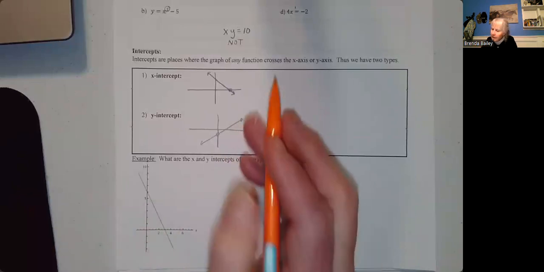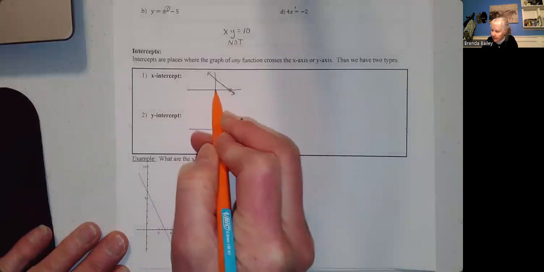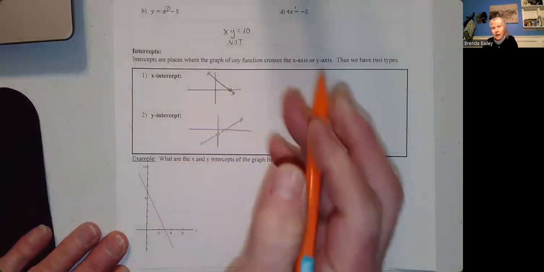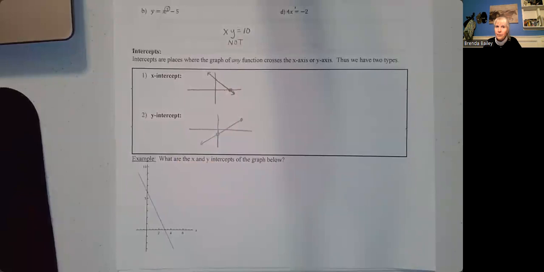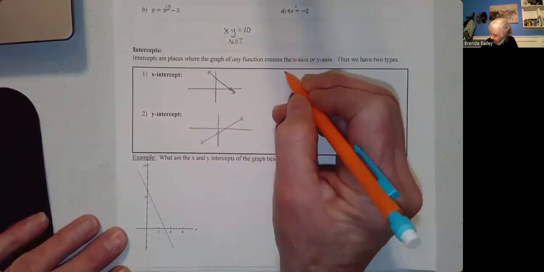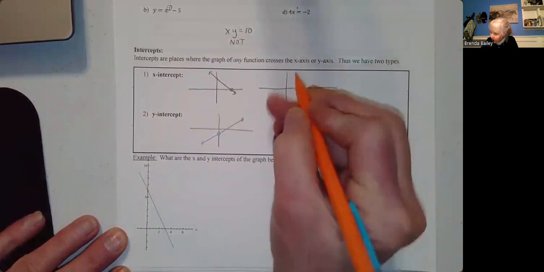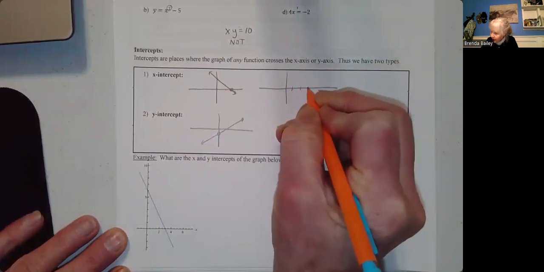Now, when you want to look at the x-axis, whenever it crosses the x-axis for the x-intercept, there's something about the ordered pairs along the x-axis. So here, I'm going to kind of re-graph this here. We're going to look at points along the x-axis.